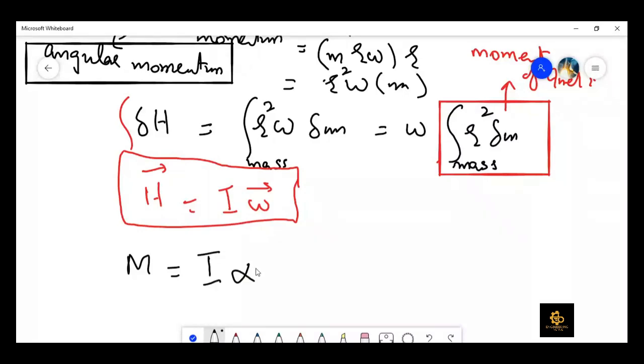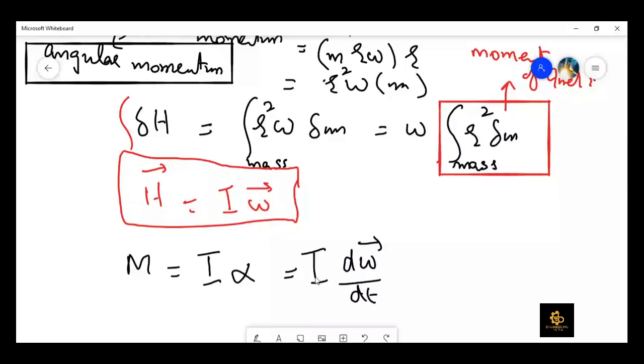I is again this relation we derived above, and alpha we know from our knowledge is the rate of change of angular velocity. So we can write it I into d omega upon dt. Right. So now we have got two properties here, I and omega.